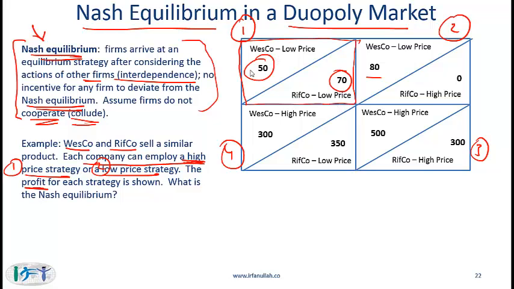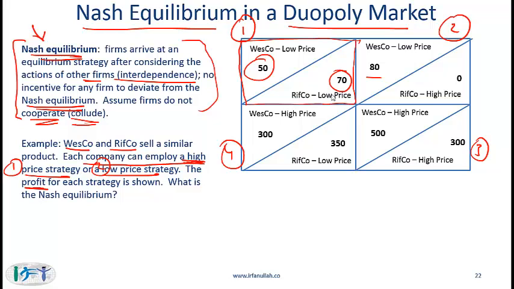One group can be Wesco, the other group can be Rifco, and you decide which box you will end up in. And remember, each party is looking out for its own best interest. So everyone wants to maximize their revenue, but they also recognize the fact that the other company will respond based on what you do. So spend some time on this before listening to the answer.